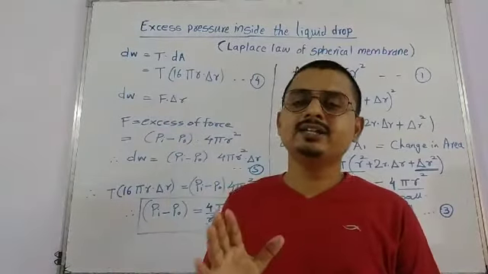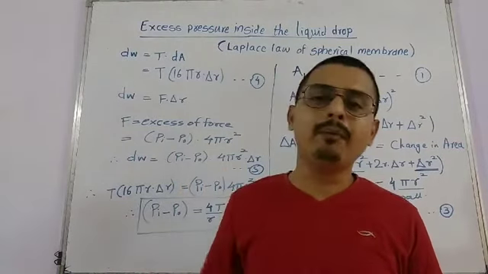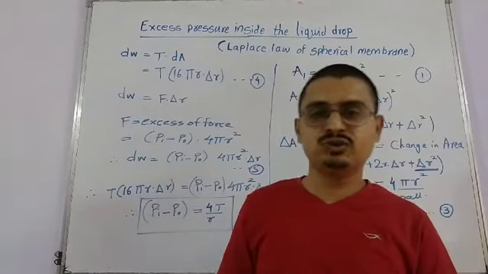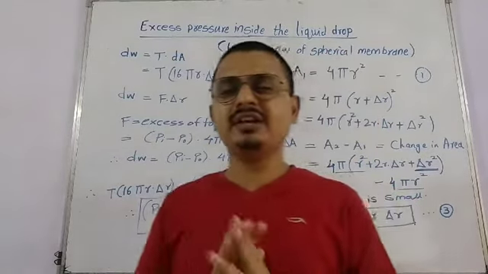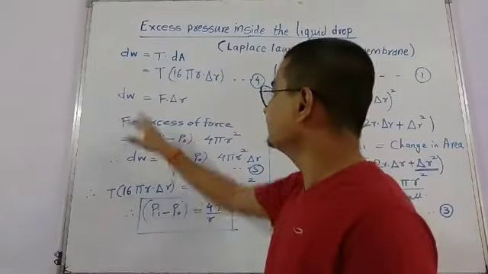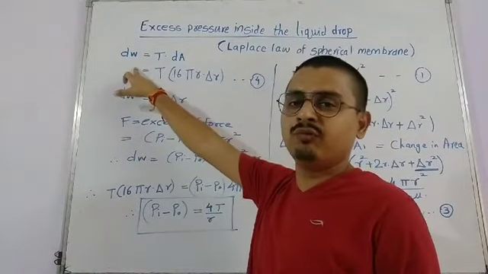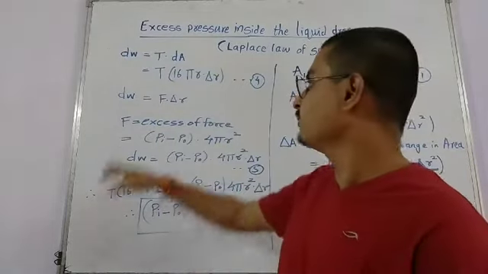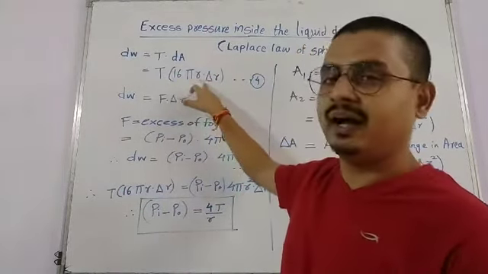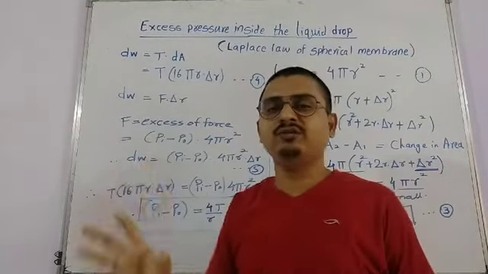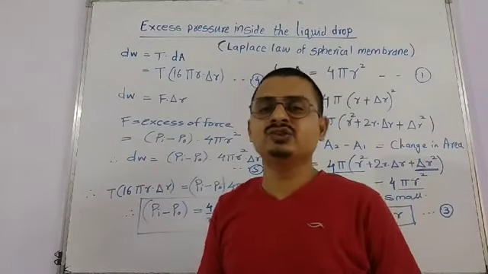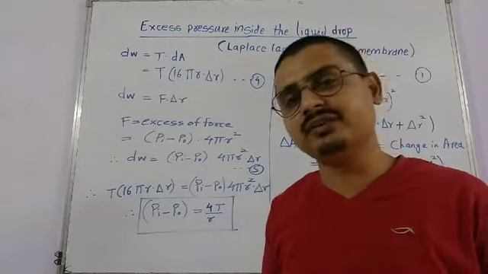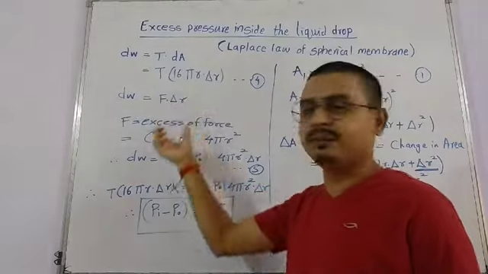Now, in case of a spherical soap bubble, since the bubble has two surfaces, that is inside and outside, the whole derivation remains the same, but at this level, the amount of work done for the expansion, from internally and externally, is T into 16 pi r dr. In case of a drop it was 8 pi r dr, but in case of the soap bubble it will be double because of two surface areas, and the whole derivation remains the same.